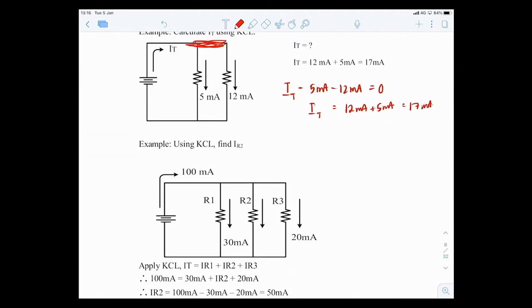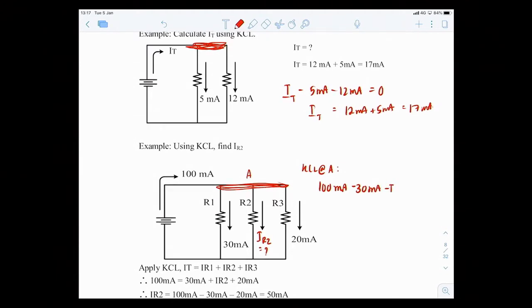Or this one, find IR2. What is IR2? You see there's a node right here. Actually, the whole node is right here, but just for you to see it more clearly, let's put it right here, node A. So KCL at node A: 100 milliamps is entering, so positive 100 milliamps. 30 milliamps is leaving, so minus 30 milliamps.